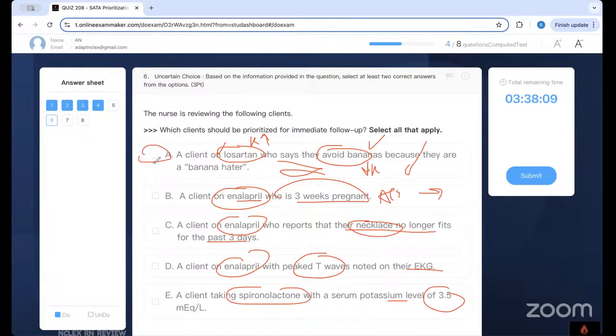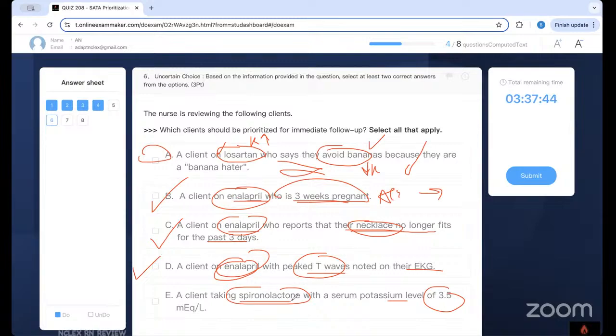Don't worry about it. Enalapril, I'm 3 weeks pregnant: I've got to worry about it. Teratogenic, right? Enalapril, my necklace does not fit: that's angioedema. I've got to worry about it. Enalapril, I have a peaked T wave, hyperkalemia. I've got to worry about it.